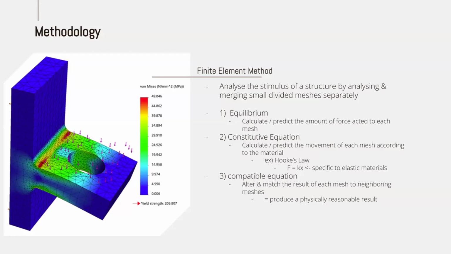Then, using constitutive equations, we calculate and predict the movement of each mesh according to the material. For instance, Hooke's law, F equals Kx, is a specific constitutive equation for elastic materials. And lastly, using compatibility equations, we alter and match the result of each mesh to neighboring meshes, which produces a physically reasonable result.